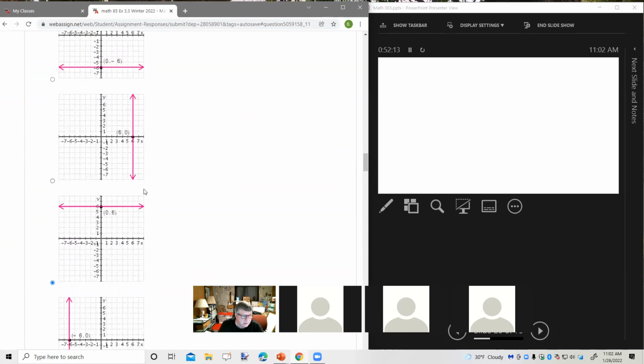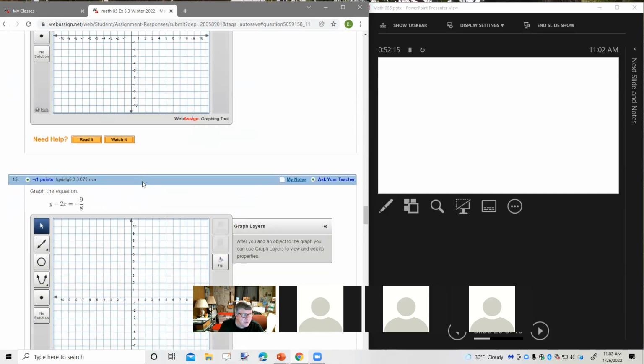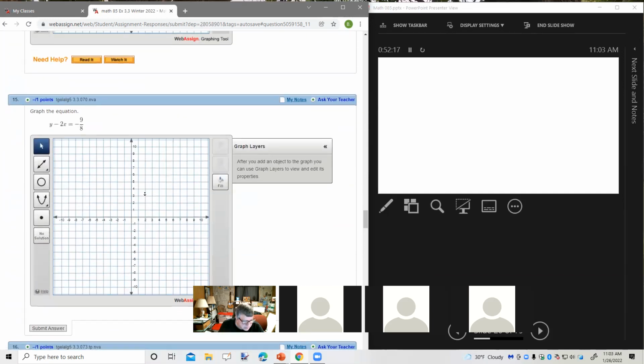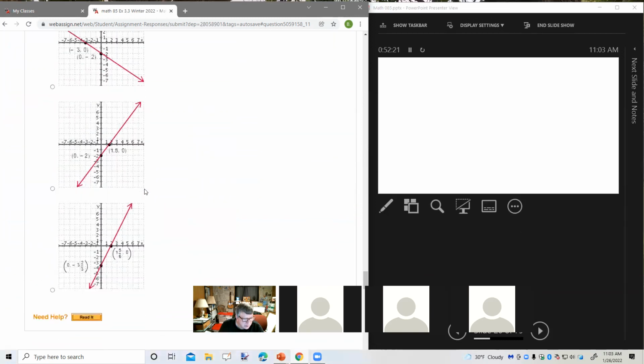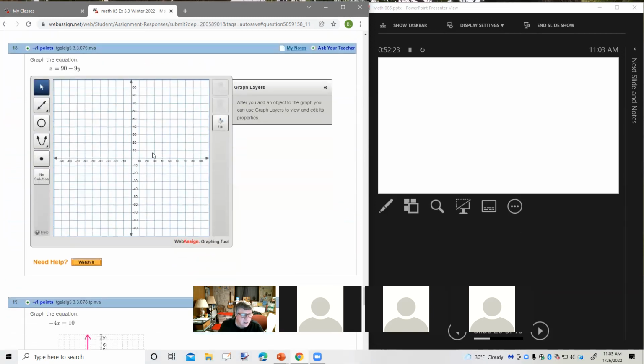When it doesn't say use the intercept method, you still could use it, but you could also pick other values of x or y to fill in your table. I'm going to use the intercept method on this one, even though it doesn't specify that.